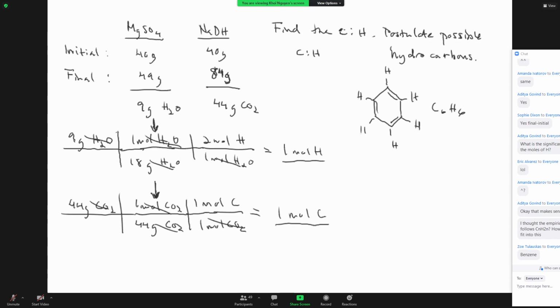What else? You also have ethyne, right? This is your ethyne molecule. And you have your C double bonded C, single bonded, double bonded C, with the hydrogens.